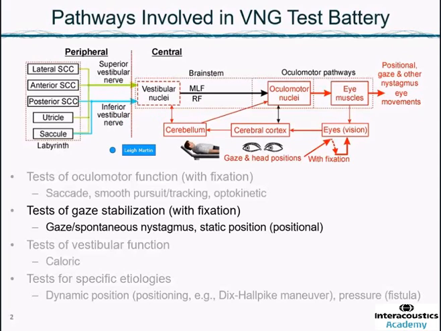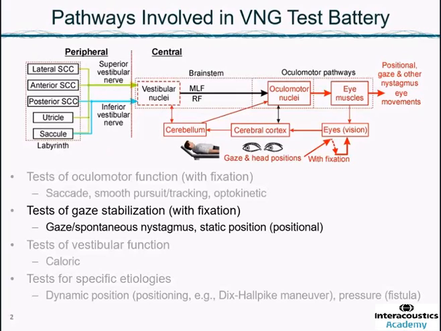At least until now, our goal in the VNG testing was just to separate the peripheral and central abnormalities. When we talk about peripheral abnormalities, we're talking about the canal and the two branches of the vestibular nerve, and then everything after the root entry zone of the vestibular nerve we consider central pathways.